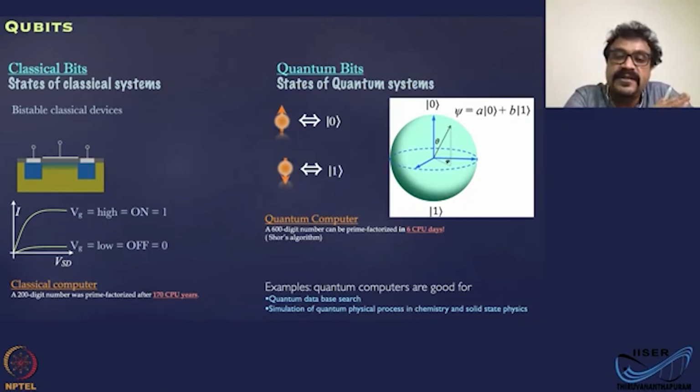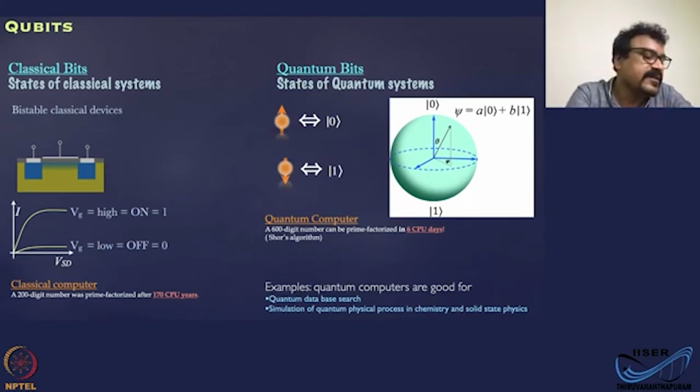Now, the drastic difference here is that the moment you talk about quantum systems, you cannot escape the other fundamental property, that is quantum mechanical superposition. That means the moment you take any two states, 0 or 1, you can add these two states and get a third state, which is as good as any of the two starting states.